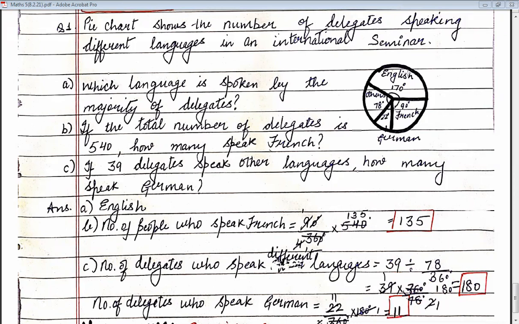Now children, this is your half sum. Now you have to find how many delegates attended this seminar who speak German. This is again very easy. You have to find the angle of German people. So this is German and 22 degrees is the angle. You will write 22 degrees divided by the complete angle, which is 360 degrees, multiplied by the total number of delegates, that is 180.